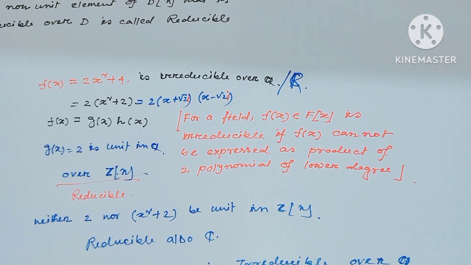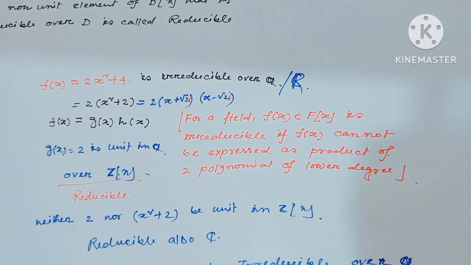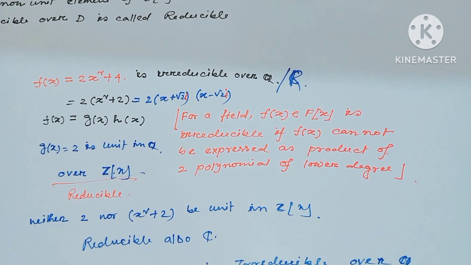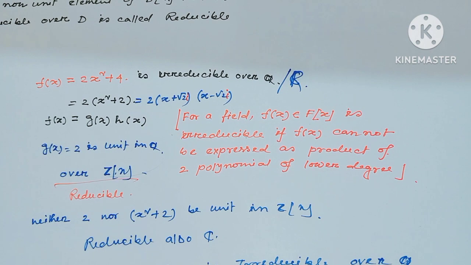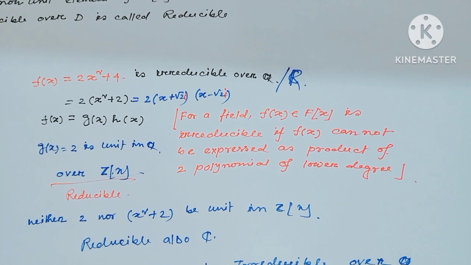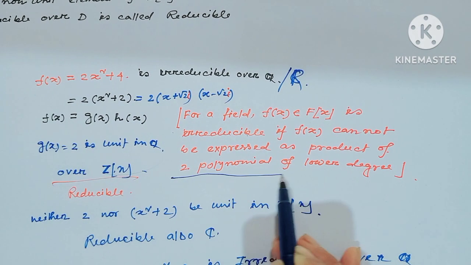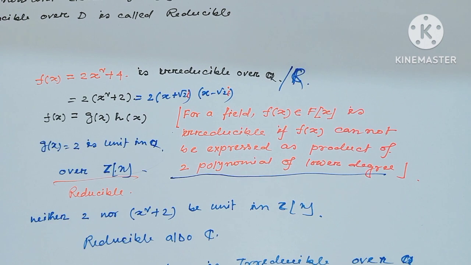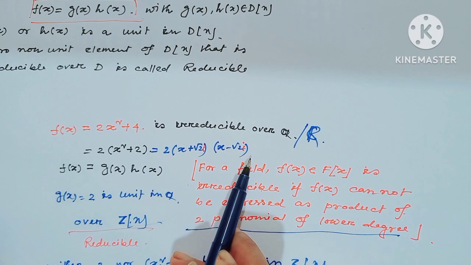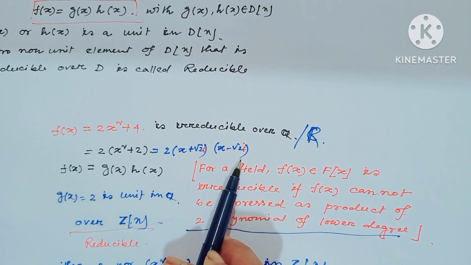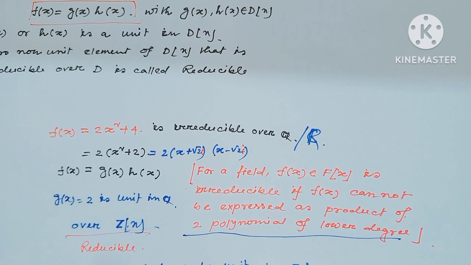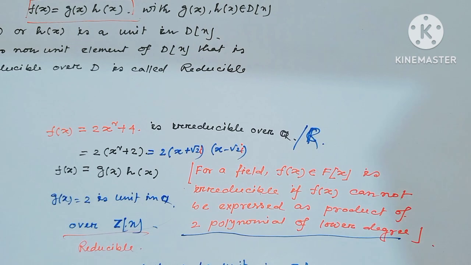Because for a field, there exists an extra condition: a polynomial f(x) in F[x] is irreducible if f(x) cannot be expressed as a product of two polynomials of lower degree. Since here f(x) is expressed as a product of these two polynomials of lower degree, f(x) is reducible over the complex numbers.